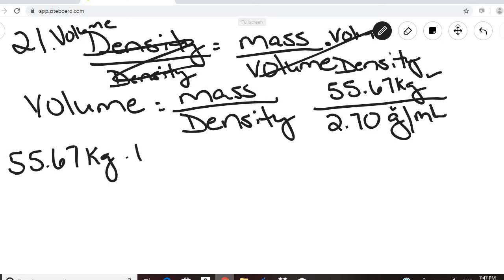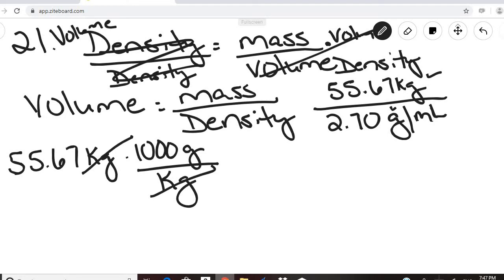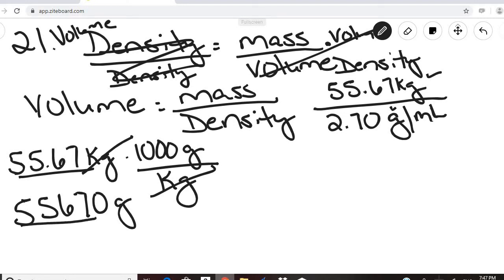There are 1,000 grams in a kilogram. So kilograms are going to cancel, we'll be left with grams. And it's 55,670 grams. Okay, 4 significant figures here, 4 significant figures there.